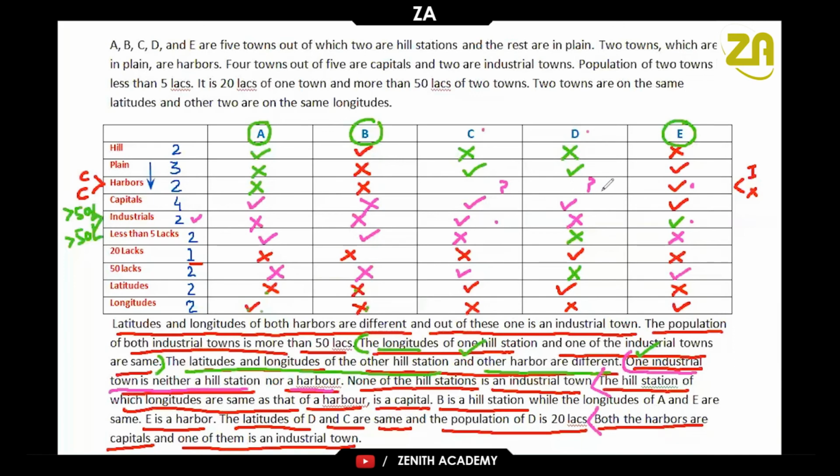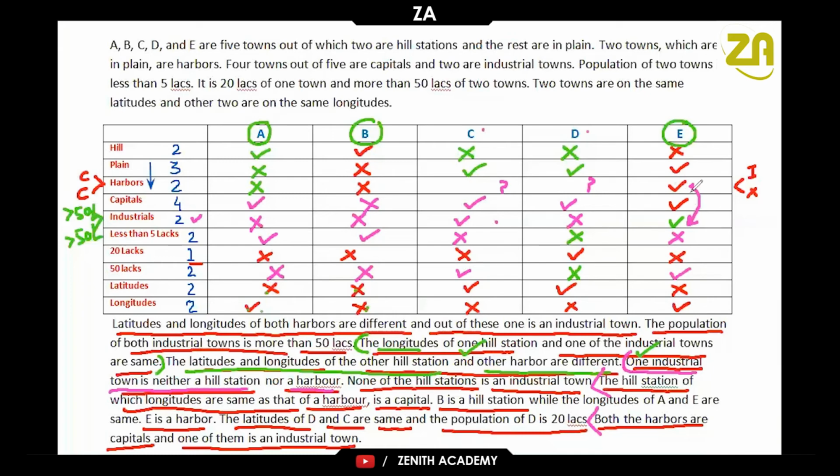So look here, this one is a harbor and by the way this one is industrial. So both the harbors are capital and one of them is industrial, which means the harbor which is industrial is this one also.